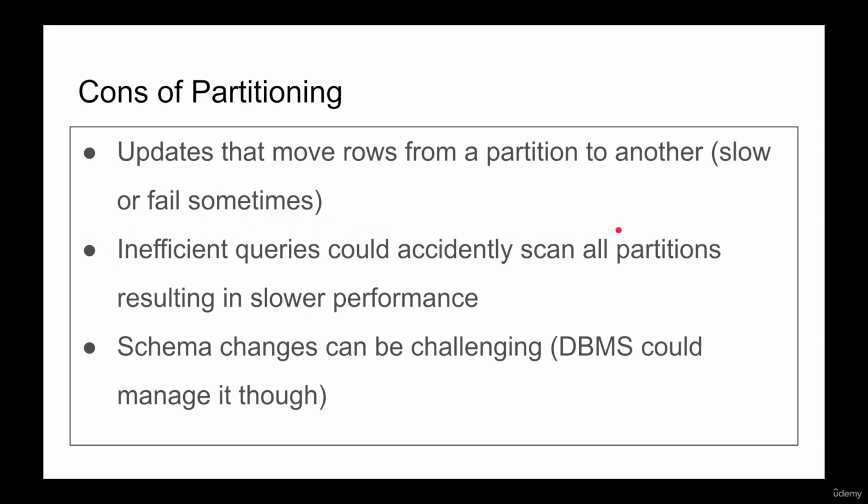Inefficient queries could accidentally scan all partitions. So yeah, if your queries include a where clause that lets the database know which partition to hit, everything is rosy. However, if your query is inefficient, you will end up scanning all the partitions, and this might result in slower performance than just having a single table, right?